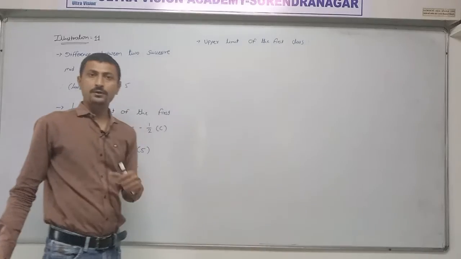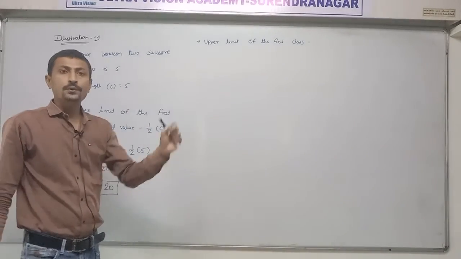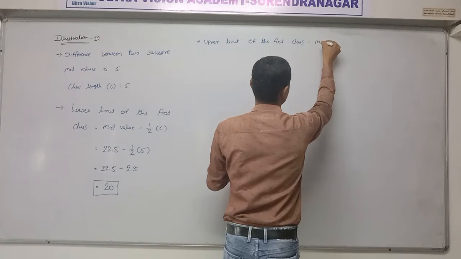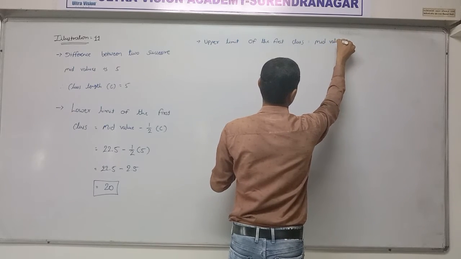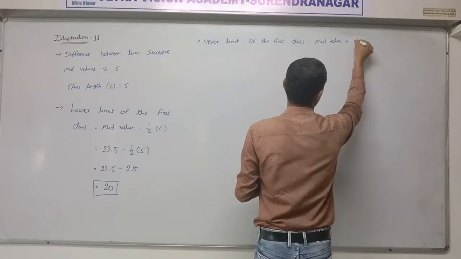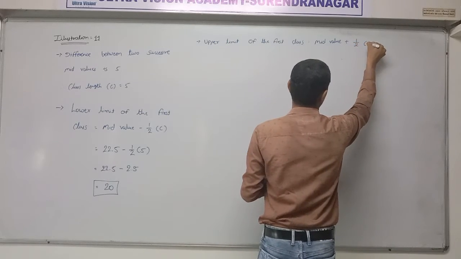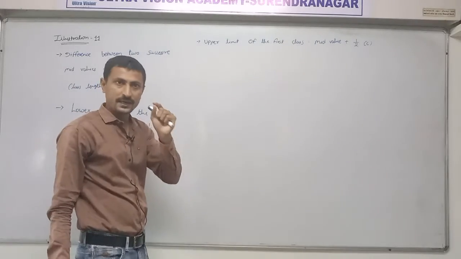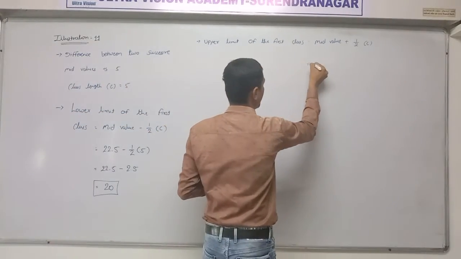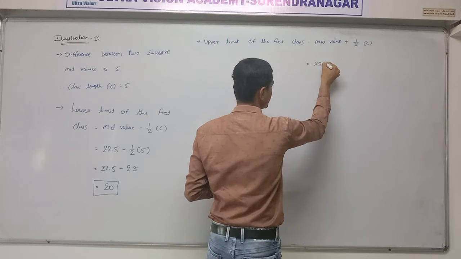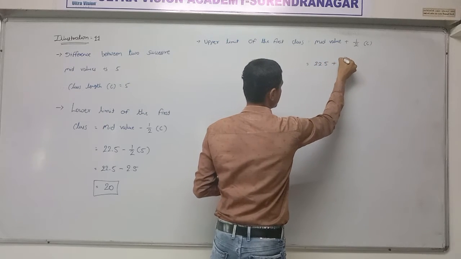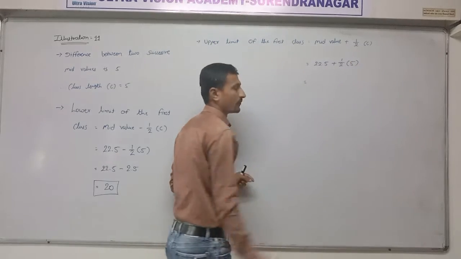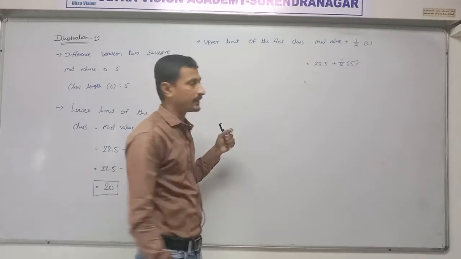Formula for upper boundary point or upper limit: mid value plus 1 by 2 into C. So mid value for the first class, first age of the driver, is 22.5 plus 1 by 2 into class length, which is 5. 1 by 2 into 5 is 2.5.